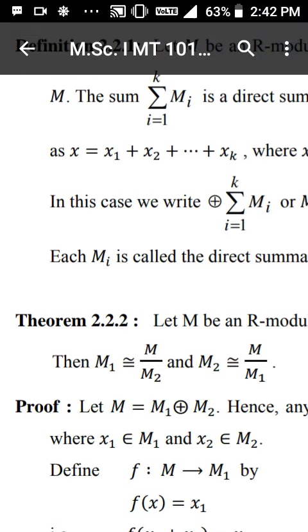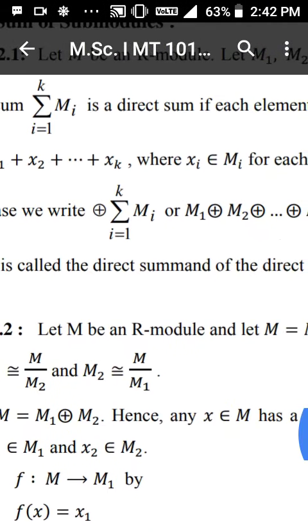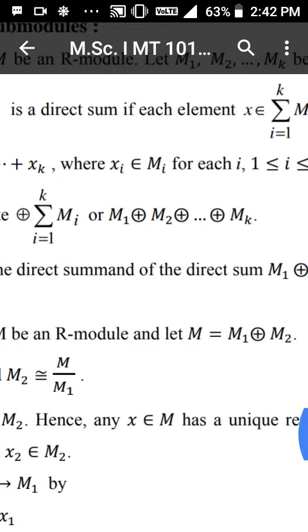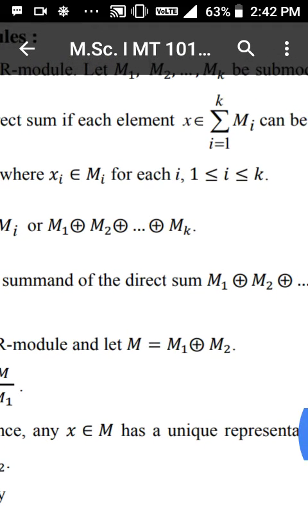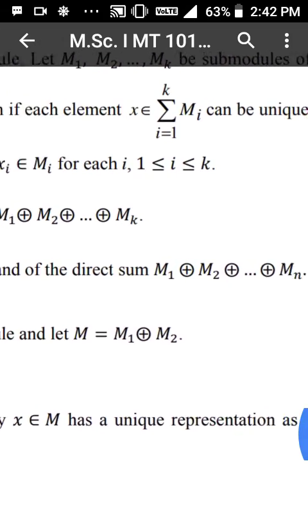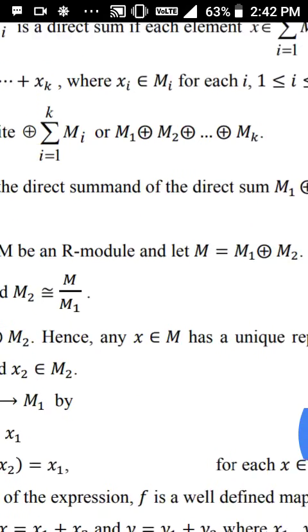Each Mi is called a direct summand of the direct sum M1 direct sum M2 direct sum ... direct sum Mn.